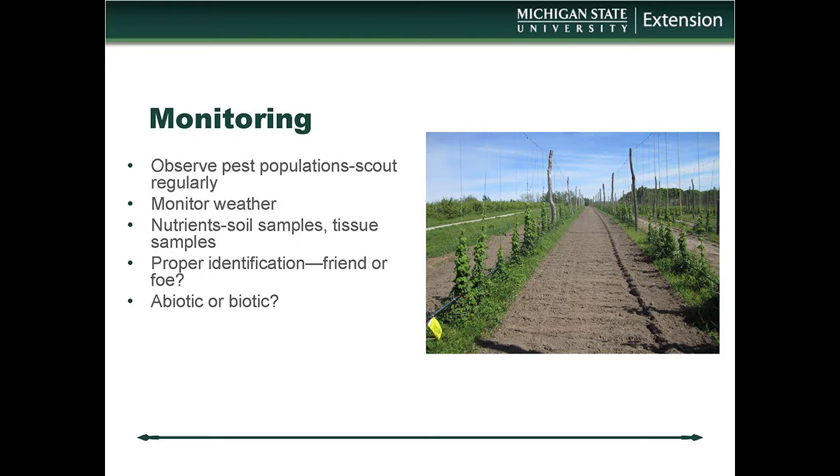I can't figure out what's going on with these plants. And we'll go out there and it's a plugged irrigation emitter or something like that, not a disease causing that issue. Maybe it's low ground where you need some tiling or something to help shed off some of the water. But just keep in mind, everything isn't caused by a virus or an insect that we see in the field.